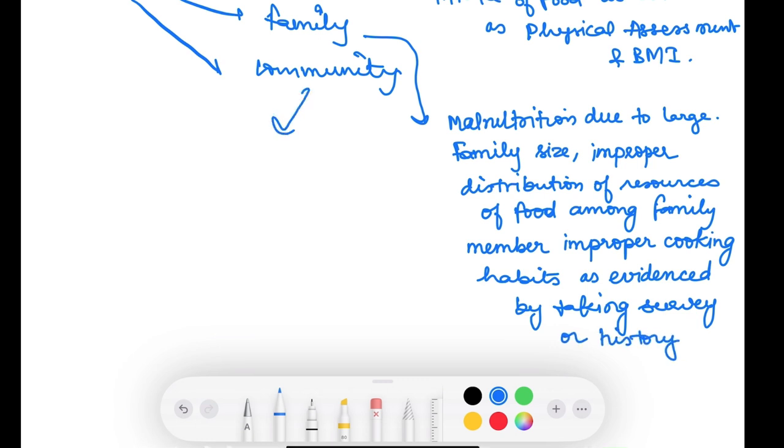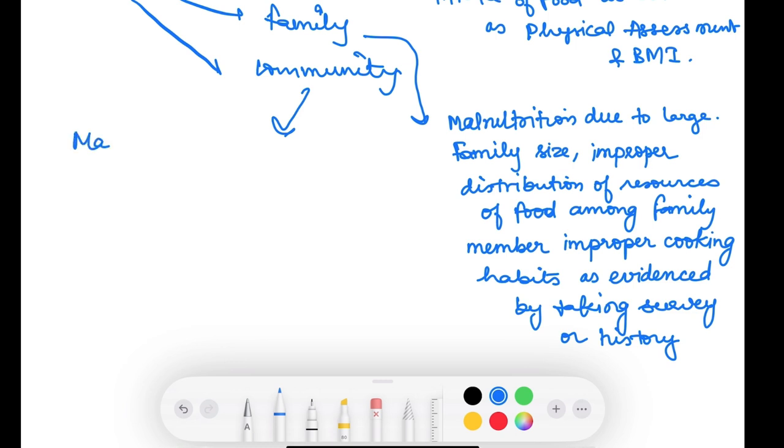So in community, further we will move on to how the community is playing a role in this. Either the area has no availability of resources, as well as they have low economic status, due to which they are not getting the proper nutrition, the proper diet.